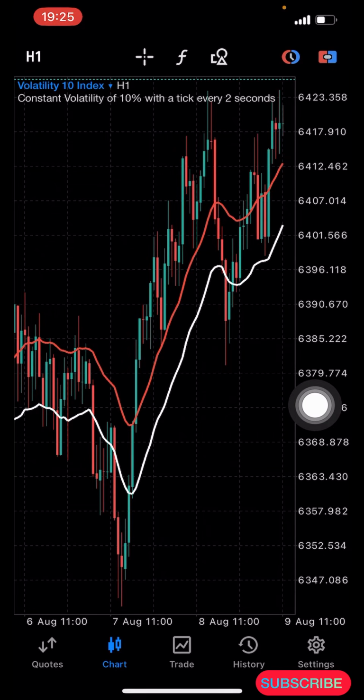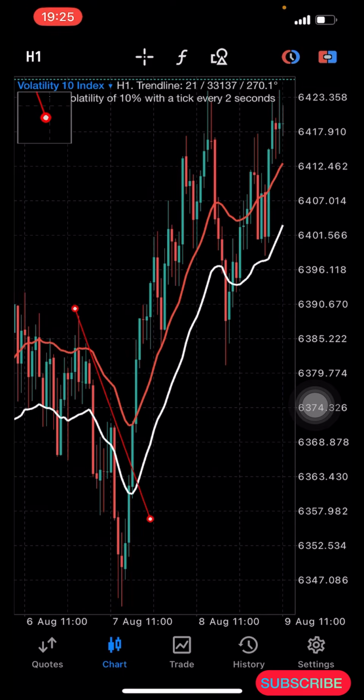Now this is what you do. You are going to draw a trend line like this. After marking it, you go to the 1 minute time frame and you wait for break of structure. You wait for that trend line to be broken above, then you take your entry.